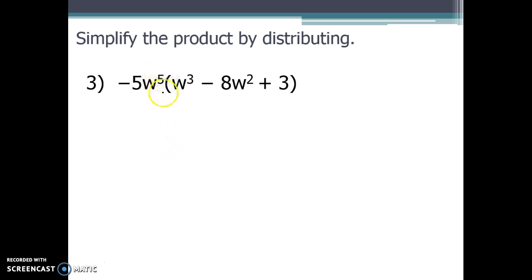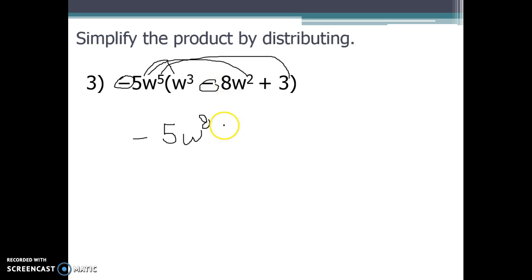Sometimes when we go to multiply, we have to really be careful about the negatives that we have here. So when I go ahead and multiply this and distribute it through, I have a negative 5w to the fifth that's being multiplied. I'll go ahead and distribute it to the 3 things. Negative 5w to the fifth times w to the third will be negative 5w to the eighth. When I multiply with the next one, I have to remember I have 2 negatives. There's a negative with the negative 5 and a negative with this 8.